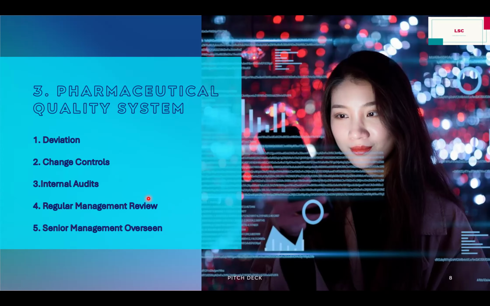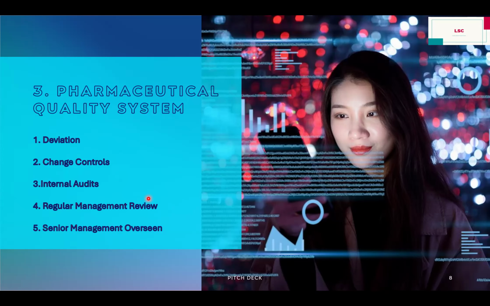Now, fifth part, senior management oversight. The senior management responsibility is mentioned in the fifth point of the pharmaceutical quality system in Annex 11, that senior management controls by reviewing the computerized system implementation throughout the life cycle.